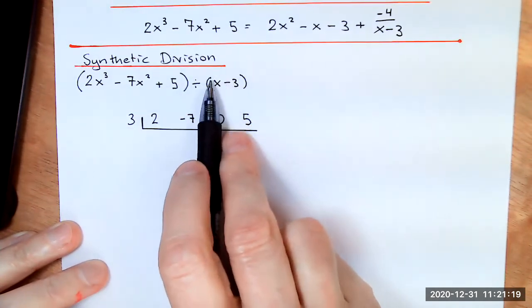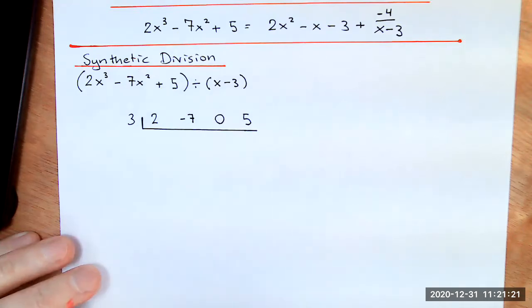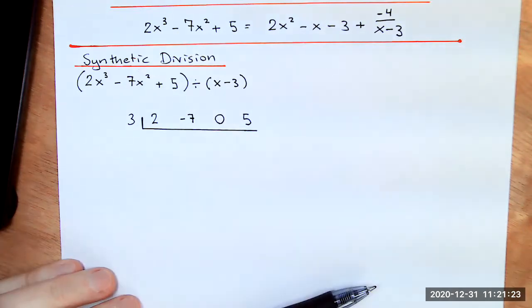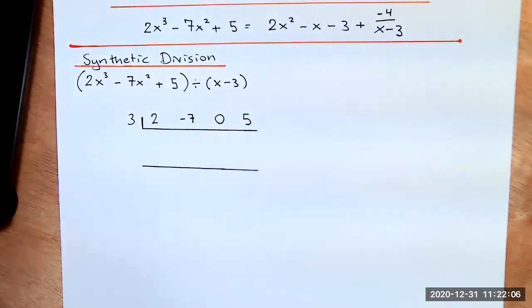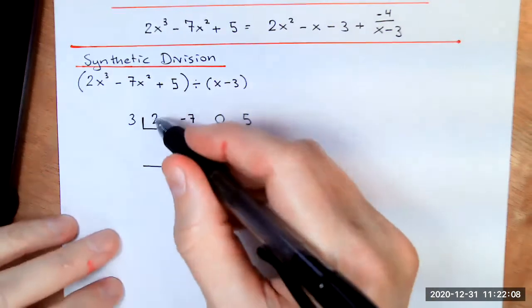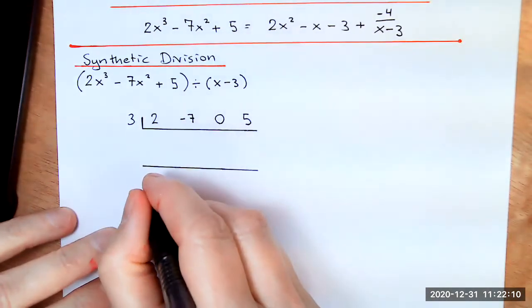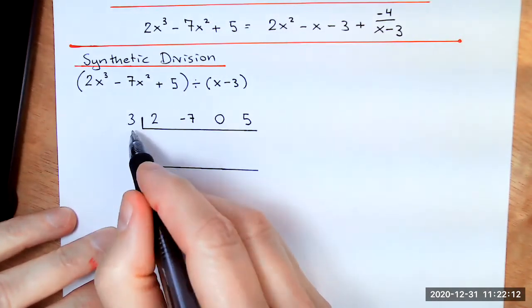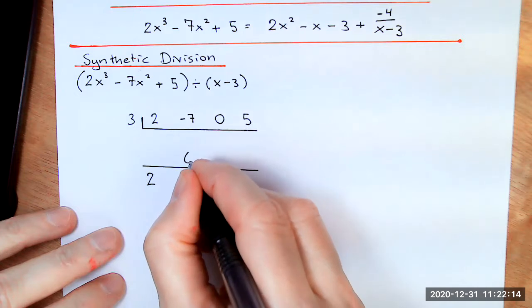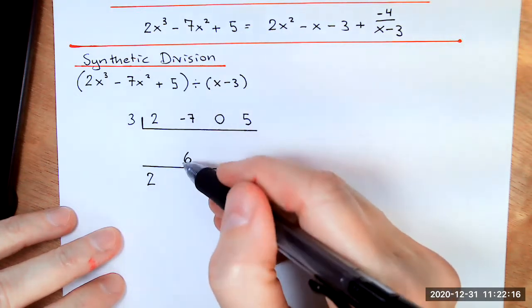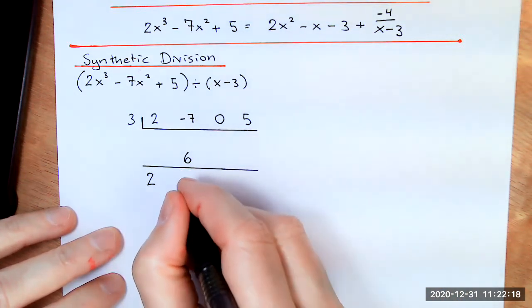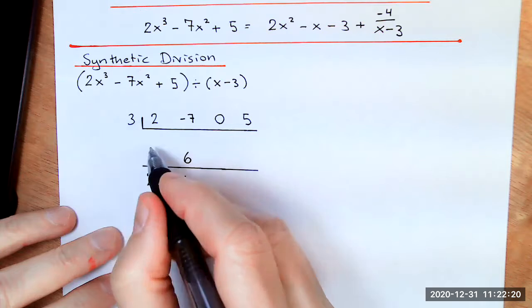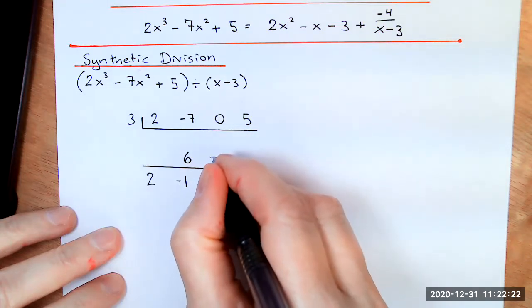So the number that makes this equal to 0. Right, so you bring down the 2. 3 times 2 is 6. And then we just add negative 1. 3 times negative 1 is negative 3.